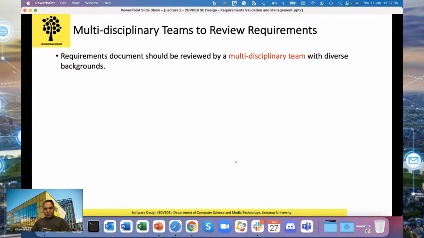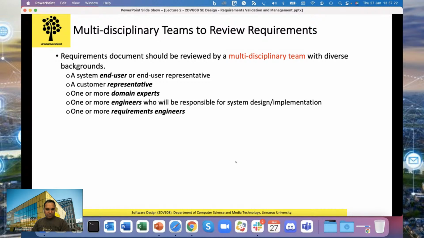So we are talking about inspection, and the goal of this inspection team is to review the requirements. We also mentioned that this inspection team should be composed of a multidisciplinary team with diverse backgrounds.